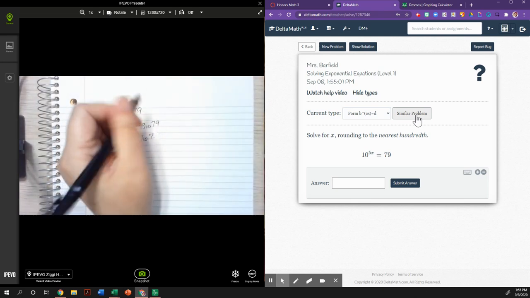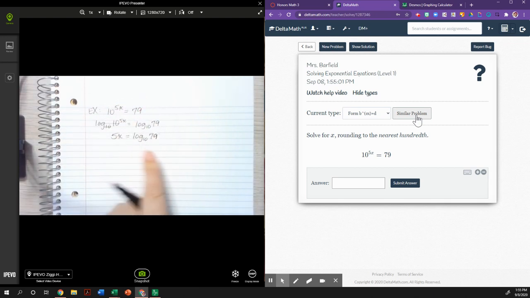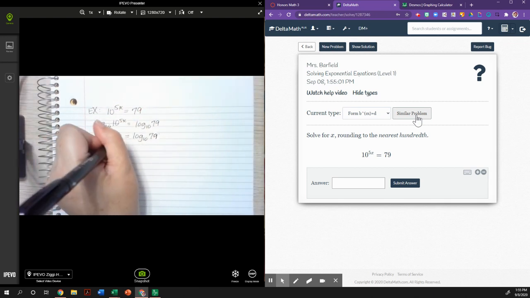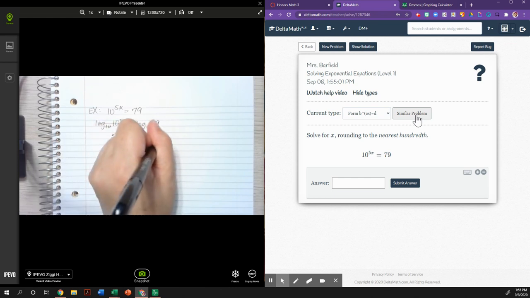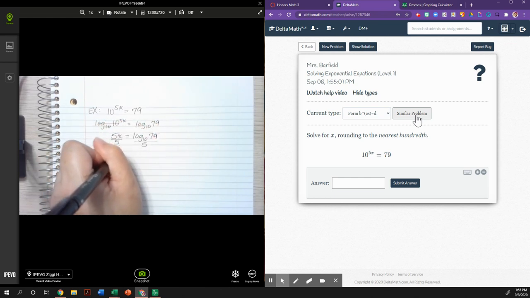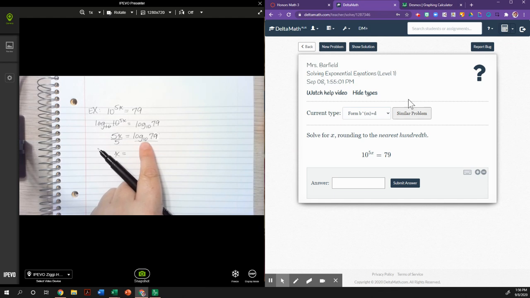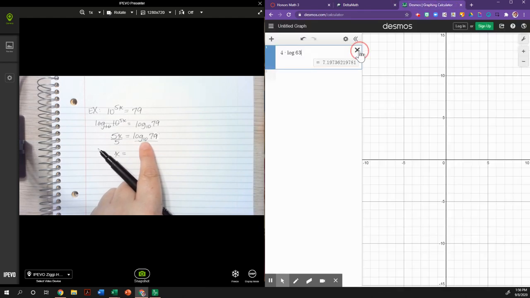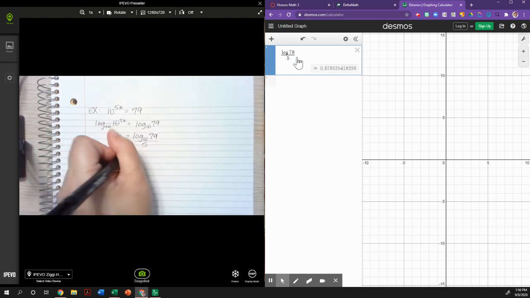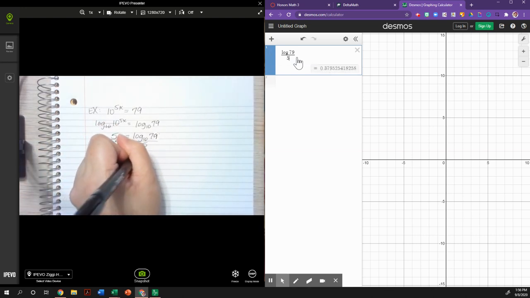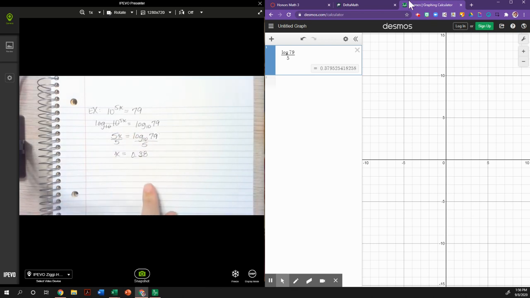And then to get x by itself, I need to divide by 5. So I have x equals, now I'm going to figure out what that lovely decimal is. I don't have to type log 79 divided by log 10 because it's already in base 10. So log of 79 divided by 5. So 0.38.